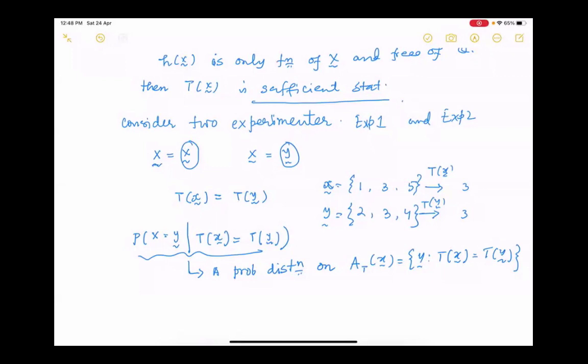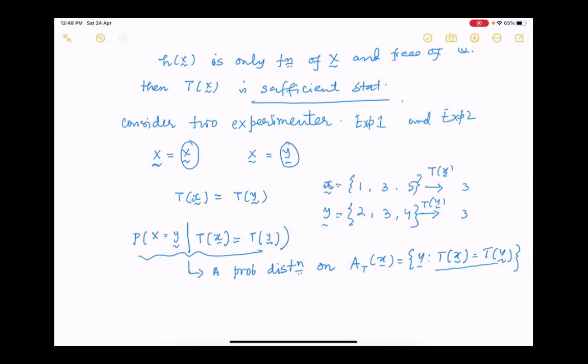for experimenter 2, if they're using the sufficient statistic, then this conditional distribution will be a probability distribution on this particular sample space. You can think of it as a partition of the entire sample space, where the partition is done based on this condition: the different realizations which give the exact same statistic.